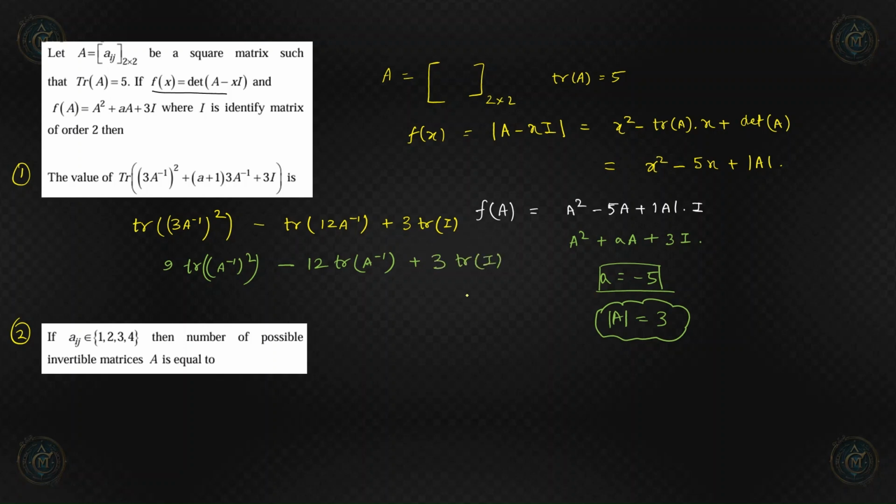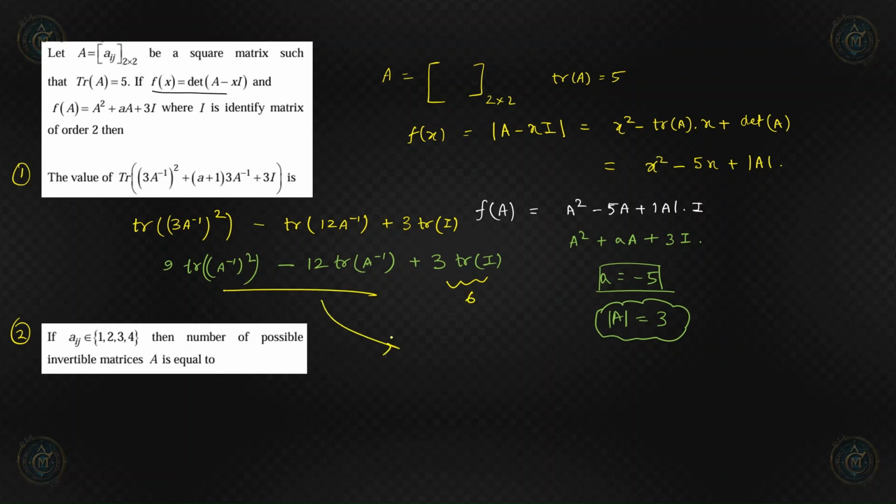Now the trace of the identity matrix of order 2 is what? The identity matrix of order 2 is this matrix, and its trace is 2, so this will be 6 only. So this is 6, and now we have to calculate the rest.